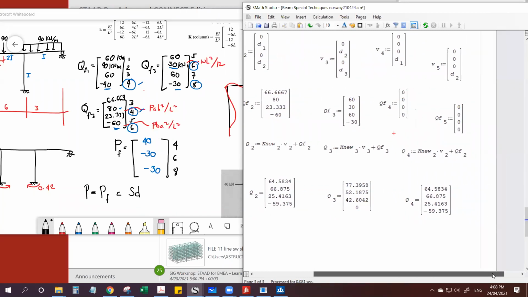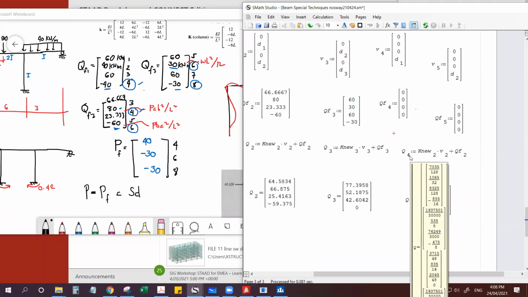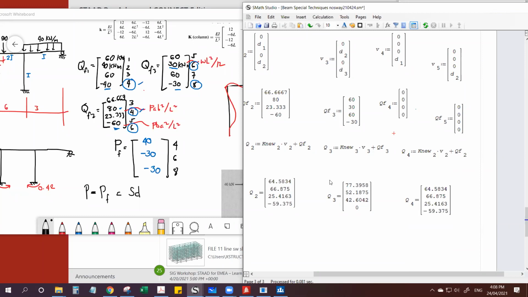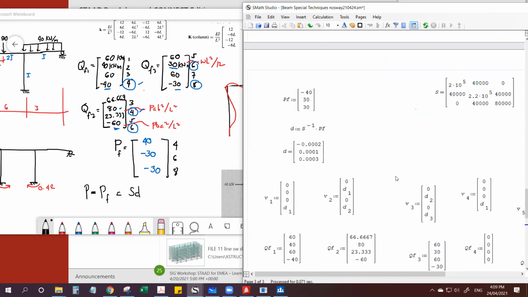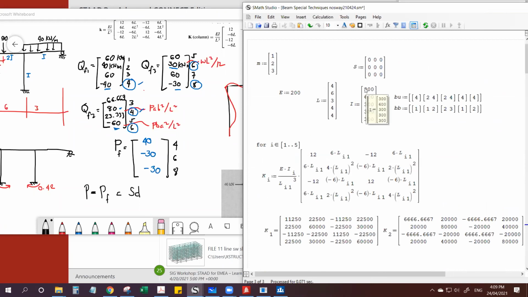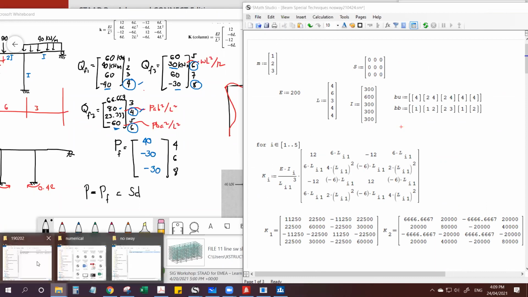Then this will be Q4. Okay. Eighty, 60. Maybe I need to correct this. Try this as our formula earlier.